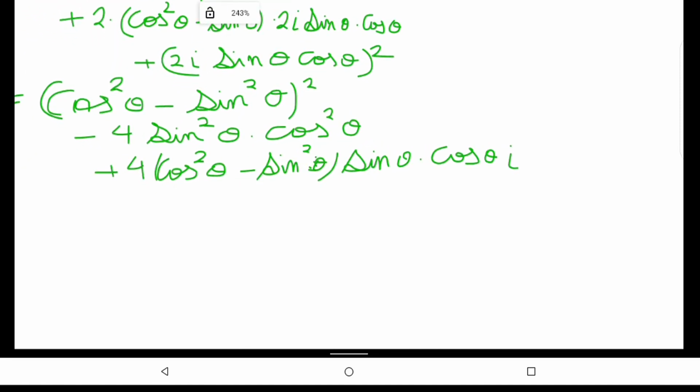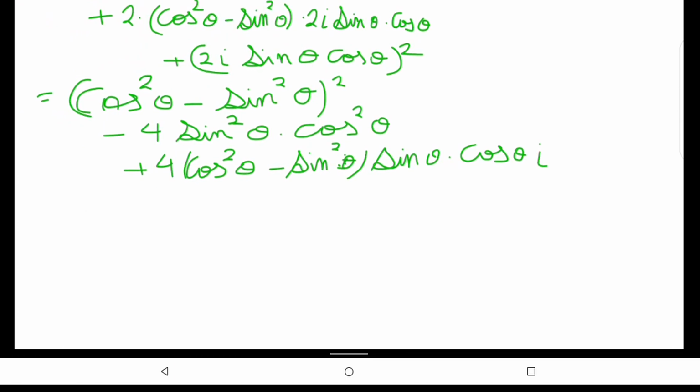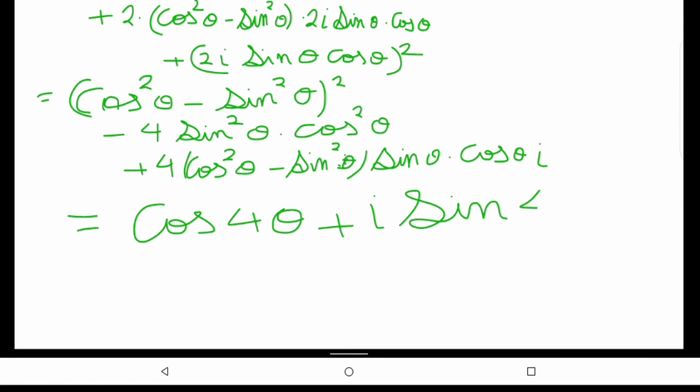This big expression that we have obtained is your left hand side, and your right hand side is cos 4 theta plus I sine 4 theta.